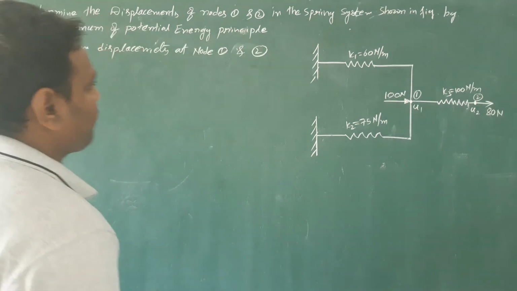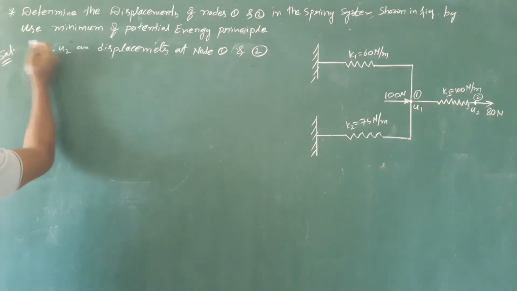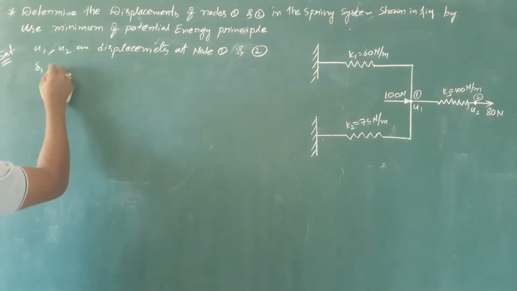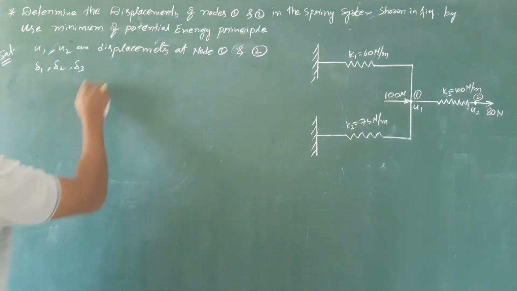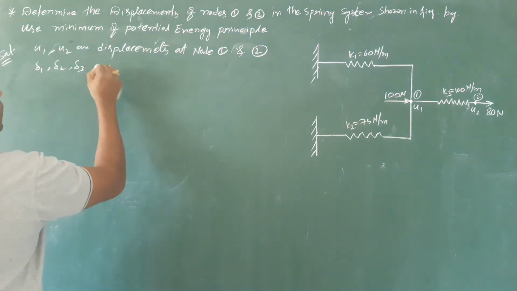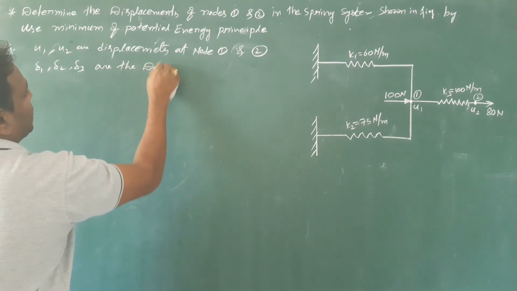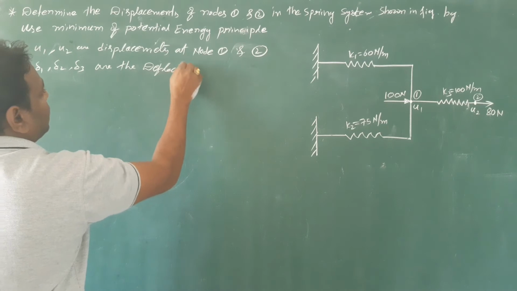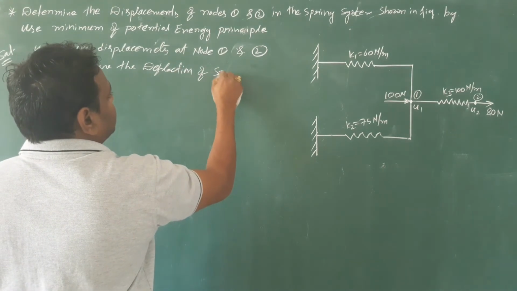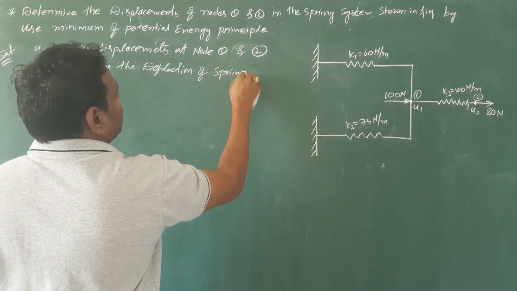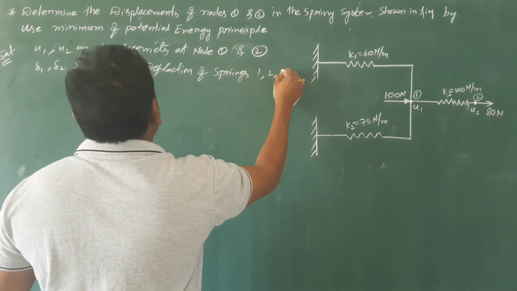Next, delta 1, delta 2, delta 3 are the deflections of springs 1, 2, 3.